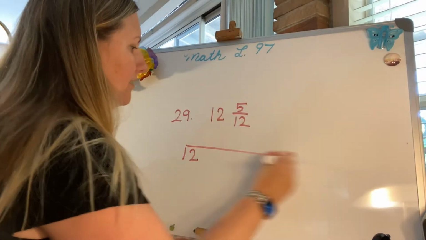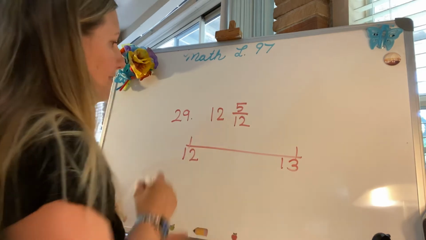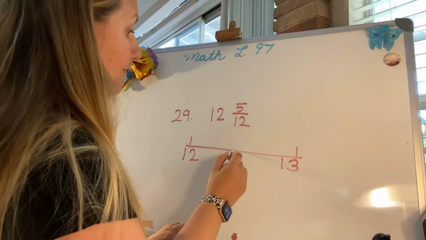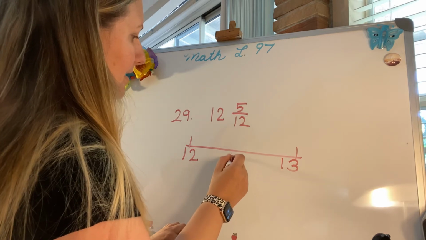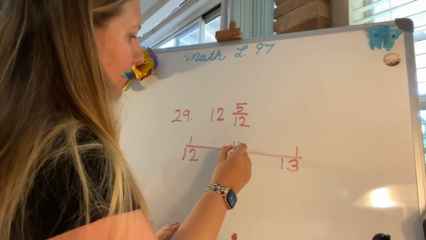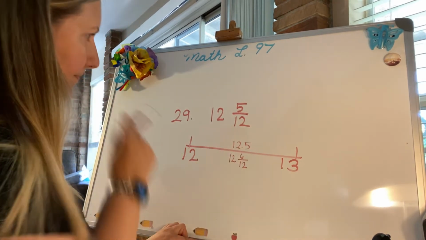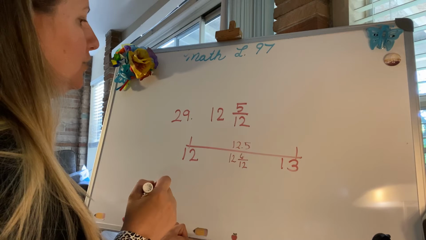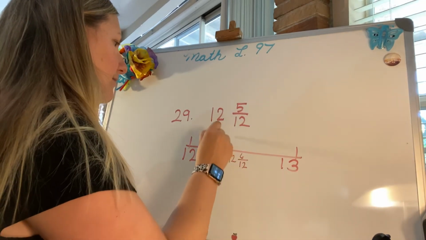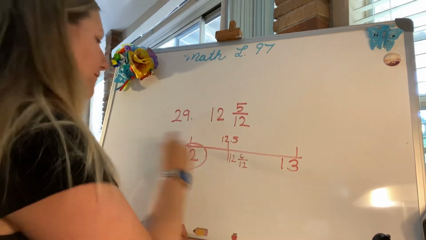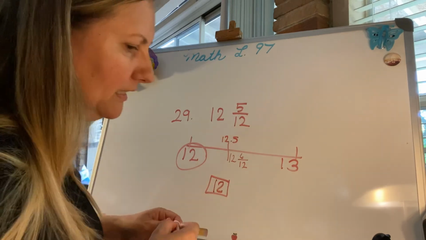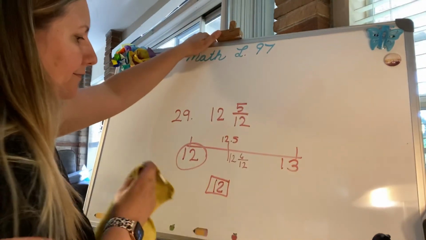So if you were looking at a number line, here's 12 and here's 13, 12 and a half would be 12 and 6/12. That's 12 and a half, or 12.5. So we are closer to 12, and that is our answer. Our answer is 12. Just a little tiny bit closer to 12.